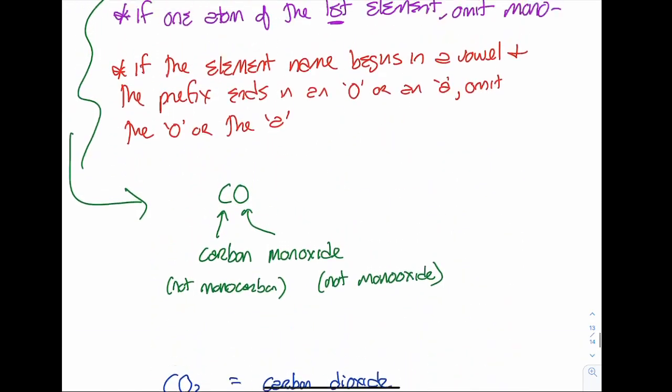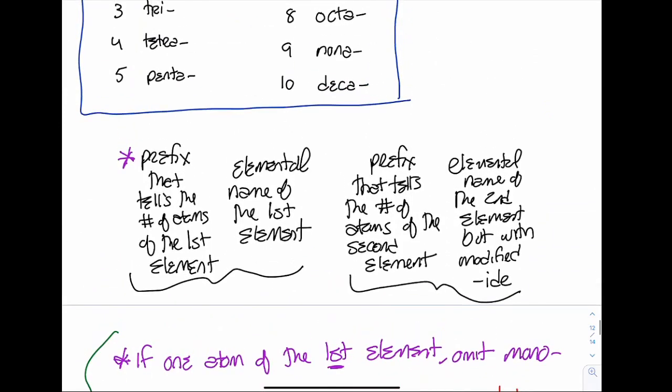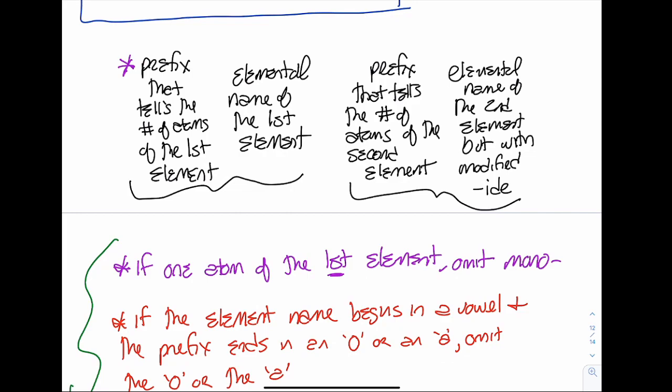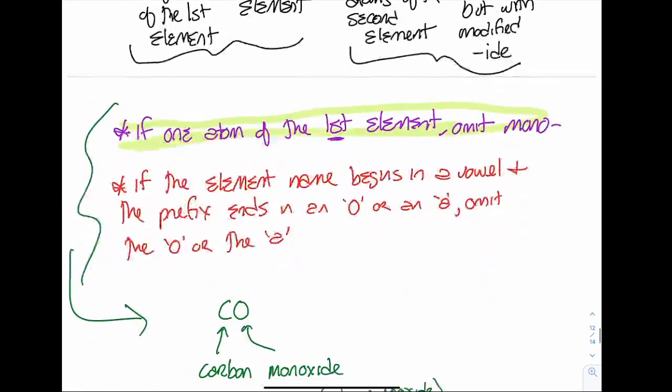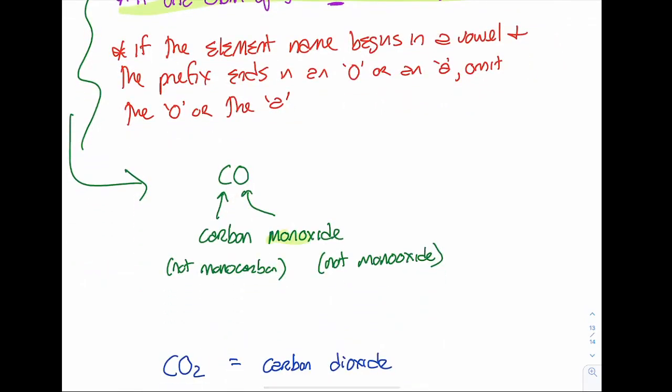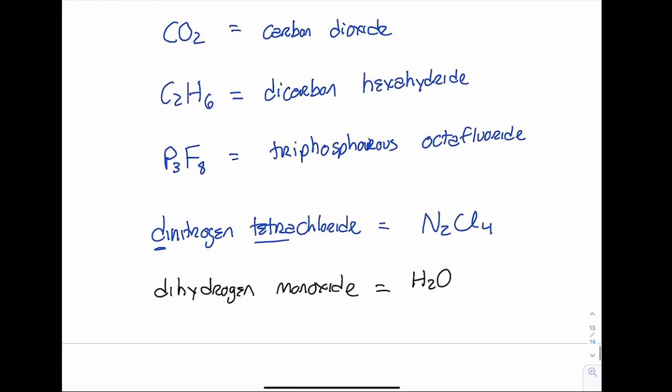So once you learn the prefixes, it's really pretty straightforward. You just have to remember those 2 exceptions. The prefix tells the number of atoms of the first element, then the elemental name of that first element, a space, the prefix that tells the number of atoms of the second element, and then the first syllable of that element with the modified -ide ending. And remember, if you have one of the first element, you omit mono, but not with the second, like carbon monoxide, and dihydrogen monoxide.